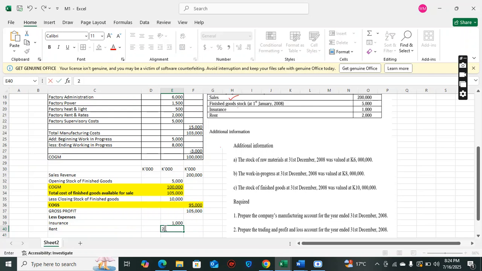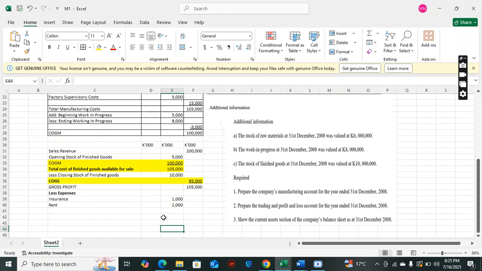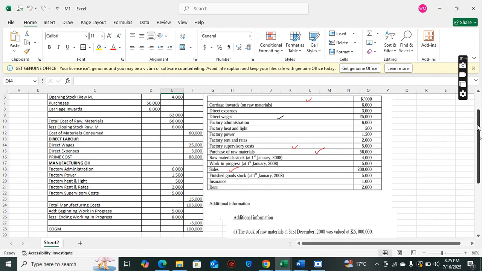These are the costs which are not attached to the factory. The periodic costs, basically, they're attached to the offices. Is there any other apart from these two? Okay, those are the only two.